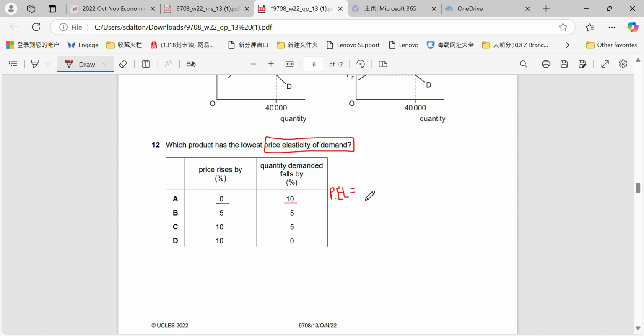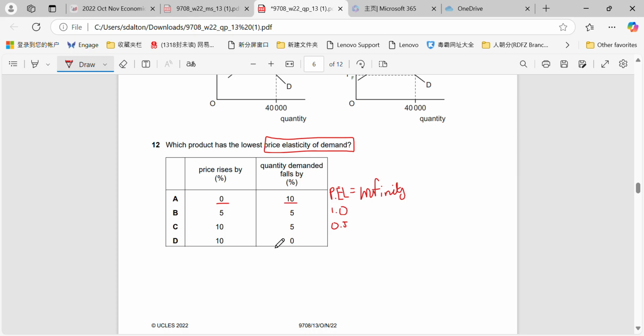And what we should know, which they're labeled in the slides in your OneDrive there, is that perfectly elastic has a PED of infinity, because we can't divide something that's changing by zero, right? Second one, PED will be 1.0, which means that it's going to be unitary. 5 over 10 will give us 0.5.